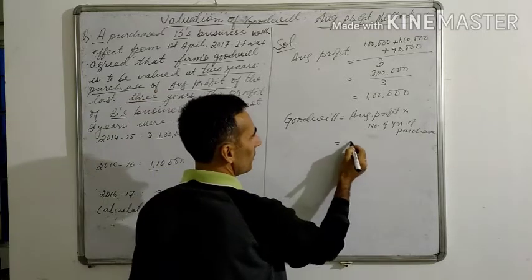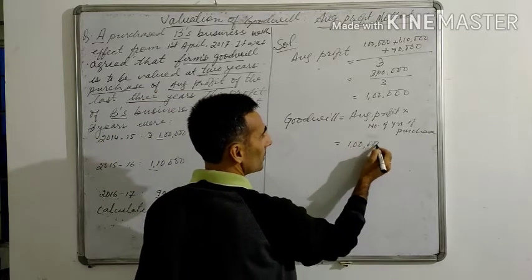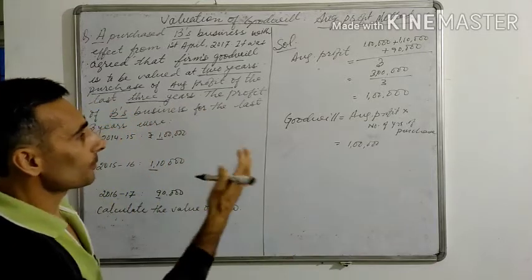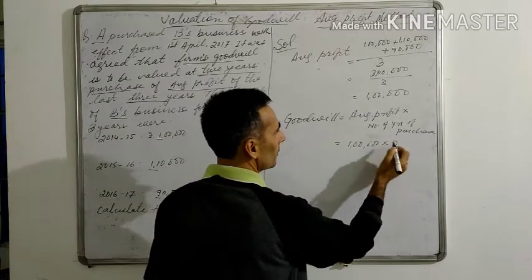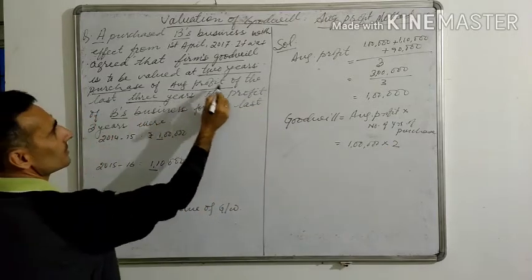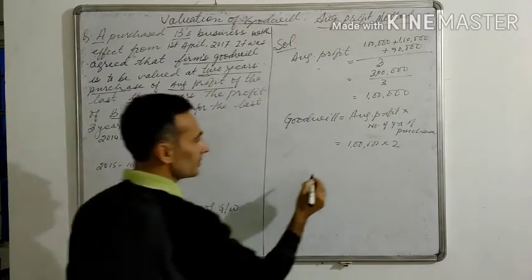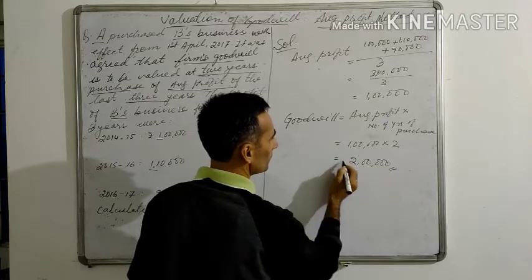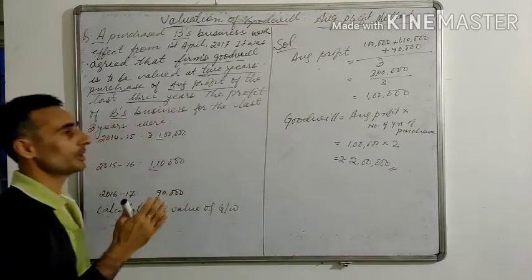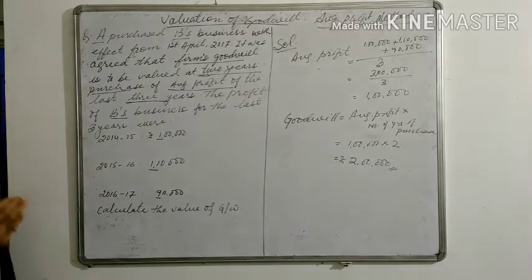So average profit should be multiplied by 2, because 2 is the number of years of purchase as given in the question. So here the value of goodwill is 2 lakhs. This is a simple question on the average profit method.